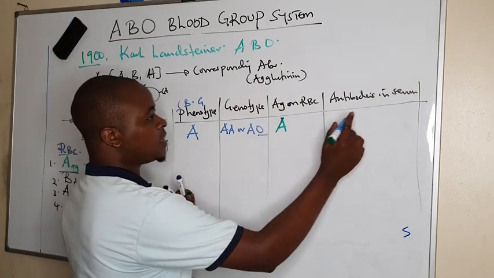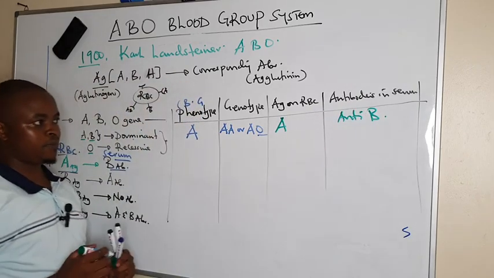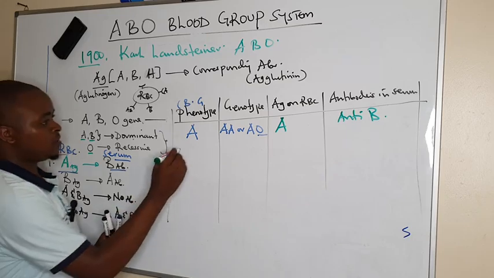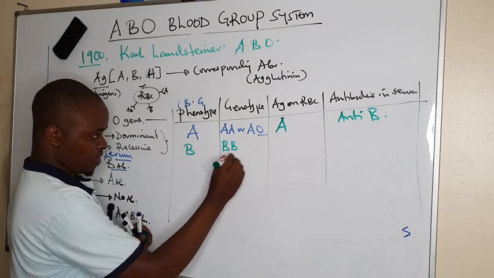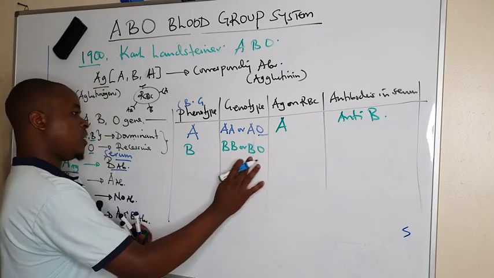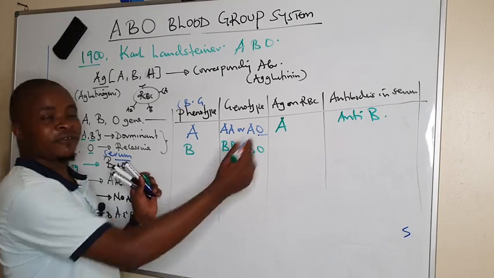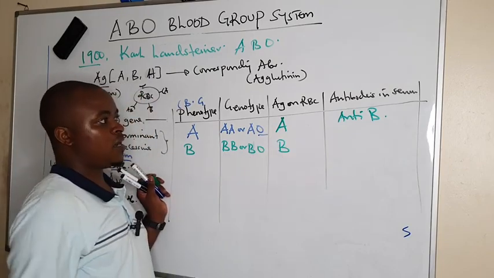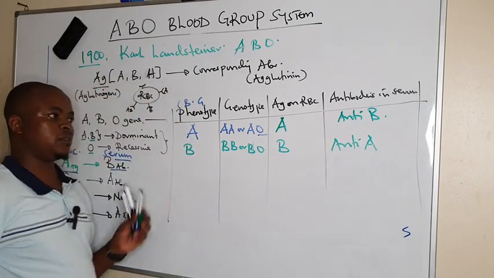And the antibodies in serum, they have what we call anti-B in serum. That is for blood group A. Then an individual with blood group B can either inherit BB alleles, which are dominant, or inherit B, which is dominant, with the other allele recessive, and still they remain having blood group B. On the surface of their red cells, these individuals express B antigen, and in the serum we find anti-A antibodies.